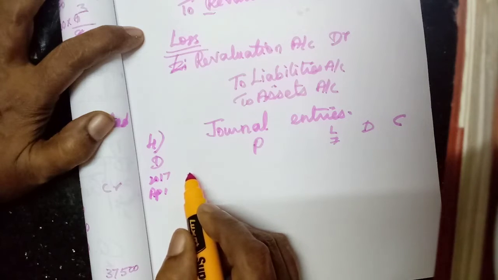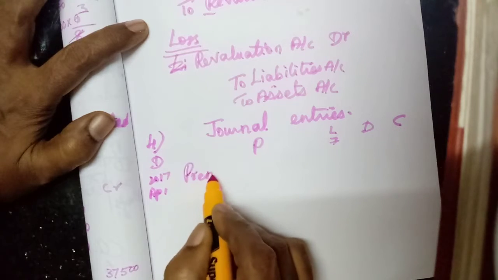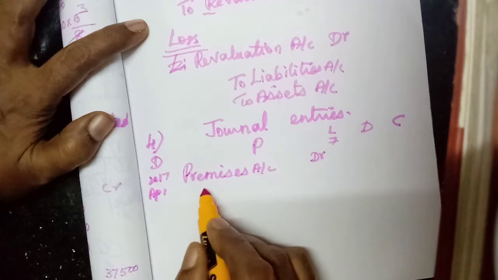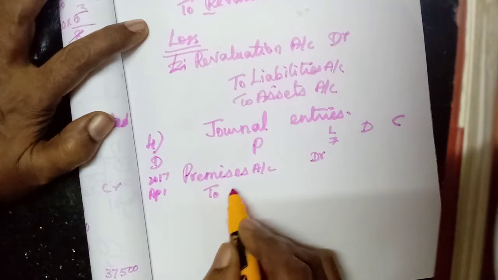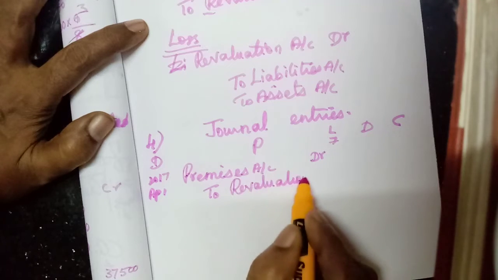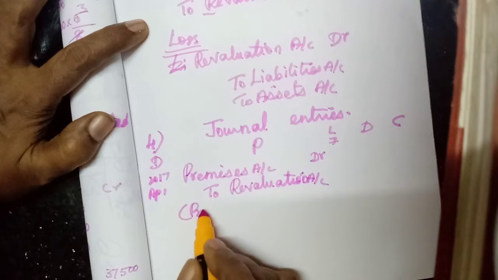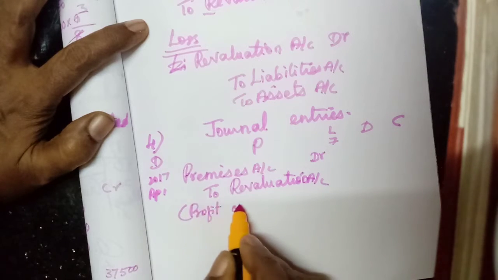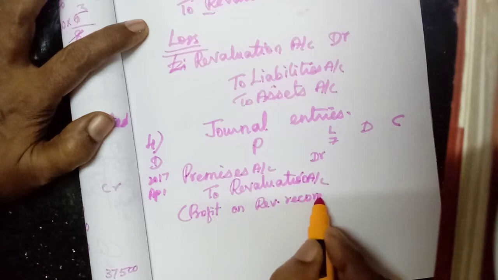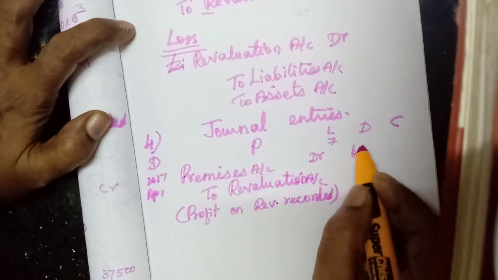Which one should be debited? The premises. Premises account debit to revaluation, only one profit item. So revaluation account should be credited. Profit on revaluation recorded. How much amount? 60,000.